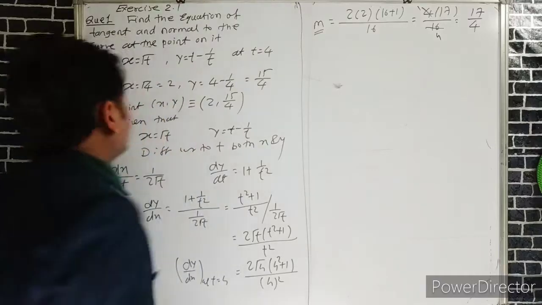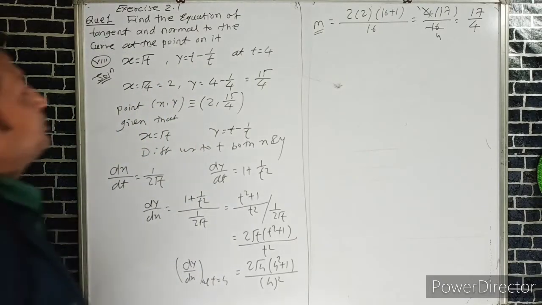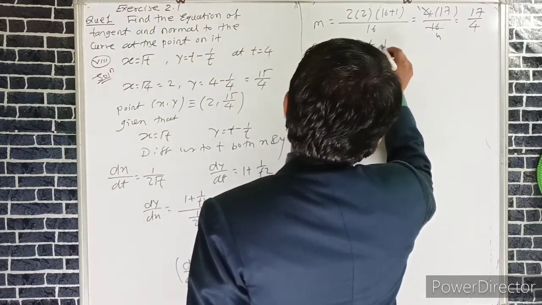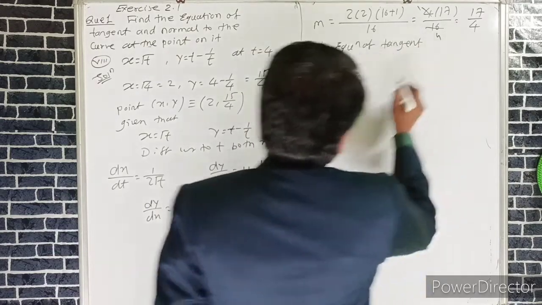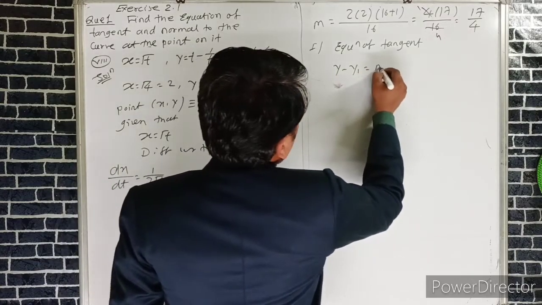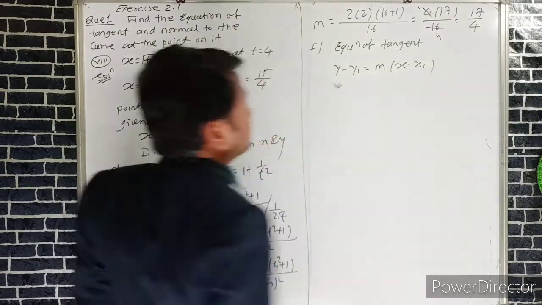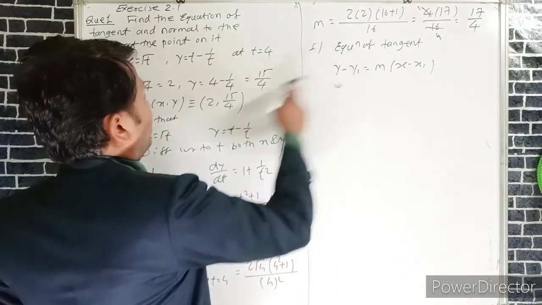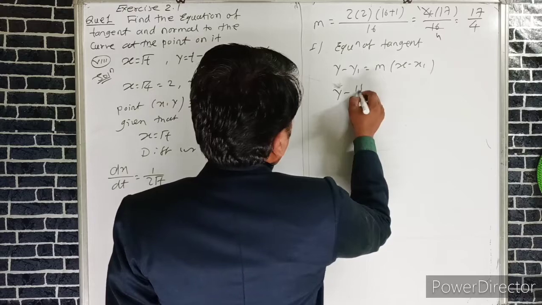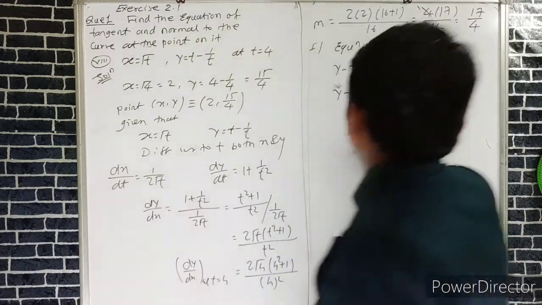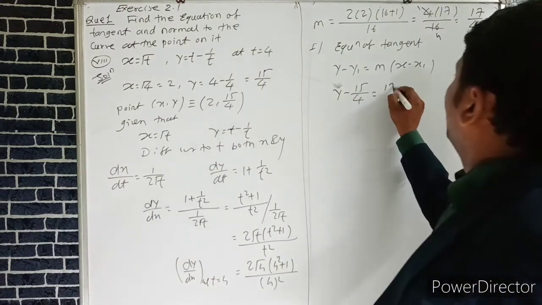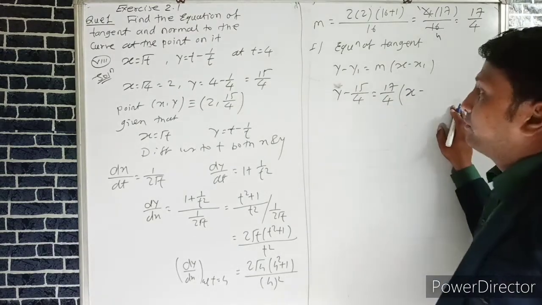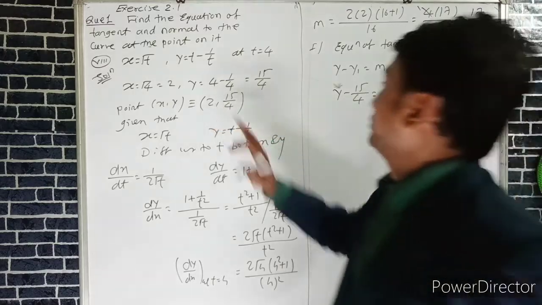By using this slope, we have to find the equation of tangent and the equation of normal. So first we have to find the equation of a tangent, which is y minus y1 is equal to m (x minus x1). So the value of y1, the coordinate of y, is 15 by 4, and slope m is equal to 17 upon 4 into (x minus 2), where x1 is the coordinate 2.